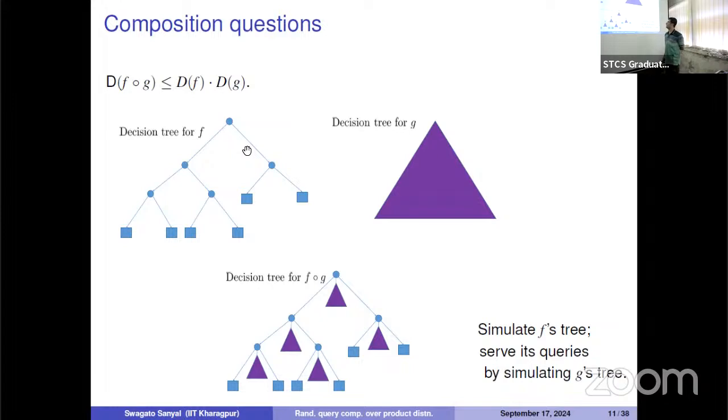So you spend DG queries to serve each query of the blue tree, and the blue tree makes DF queries in the worst case. So in total, you make DF times DG queries at the most. Is that all right? There's a question. So D of F compose G is at most DF times DG.